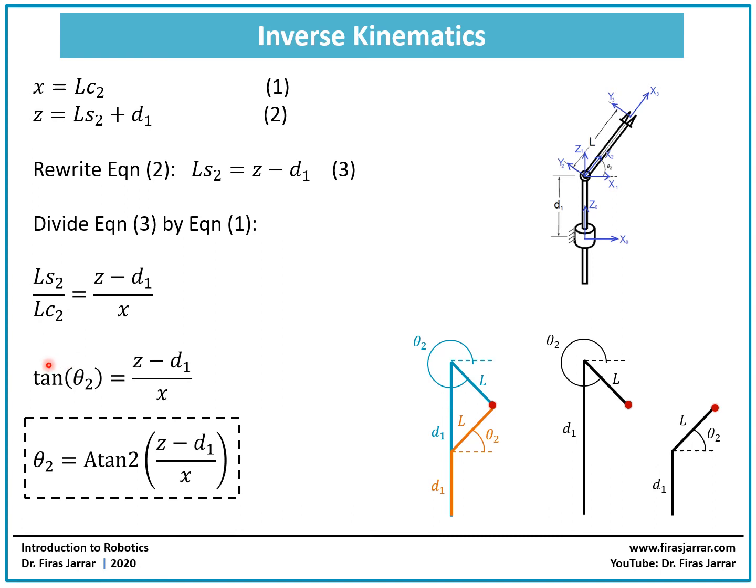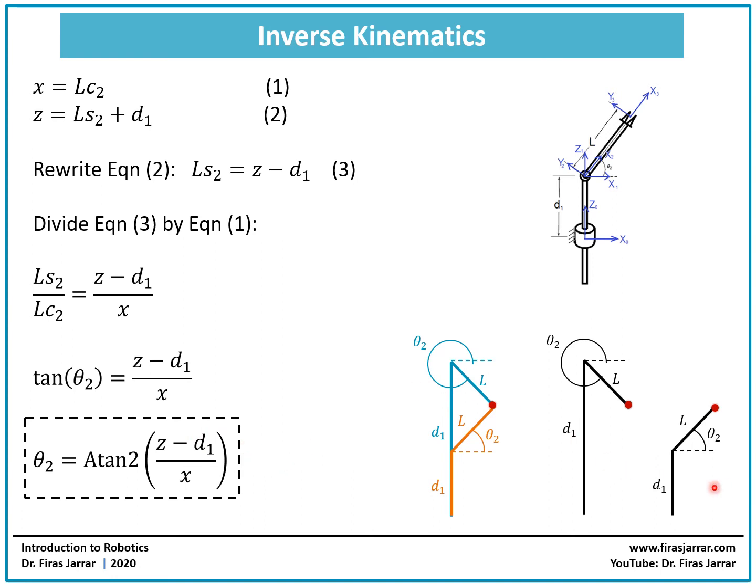Sine over cosine, this is a tan. Tan theta 2 is equal to z minus d1 over x. And thus we can find theta 2 as the tan inverse of z minus d1 over x. z is known, x is known, and d1 was found in the previous slide.